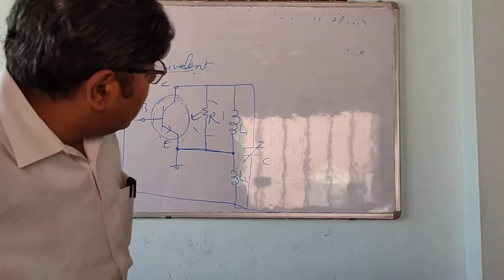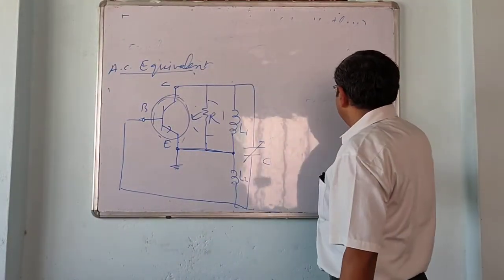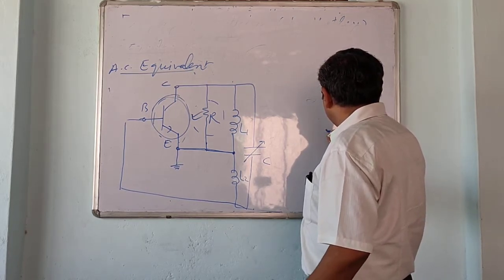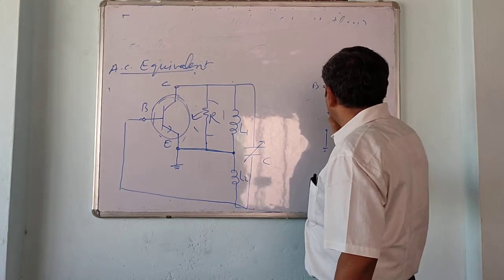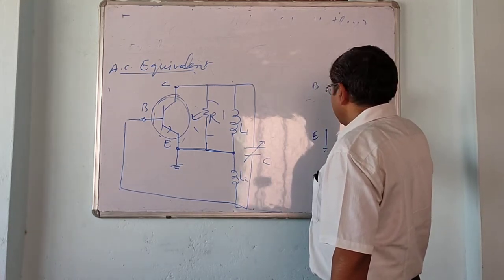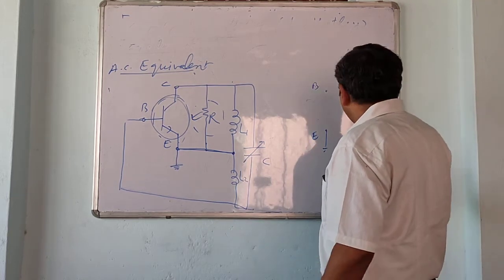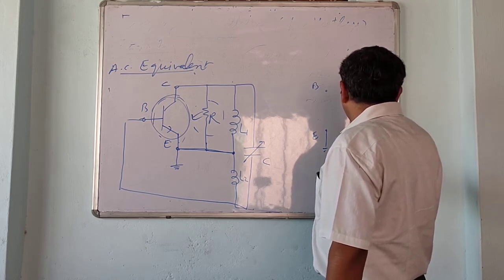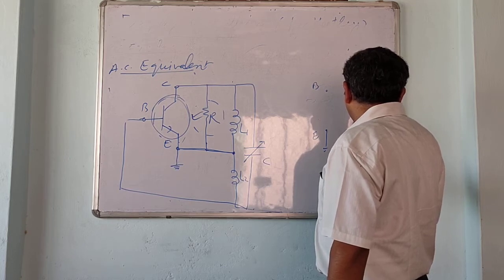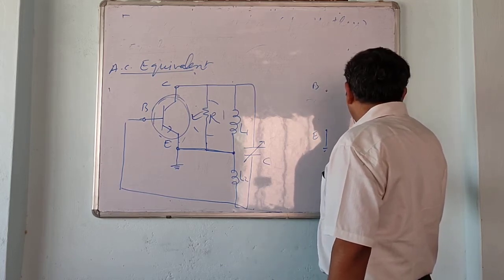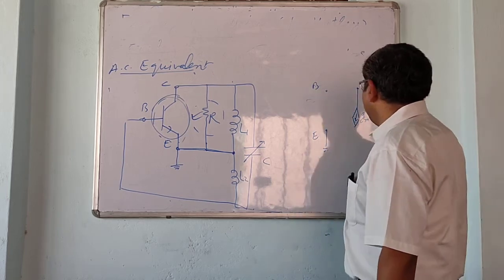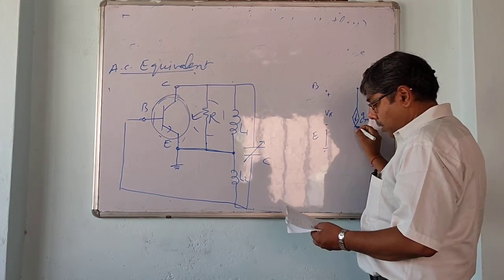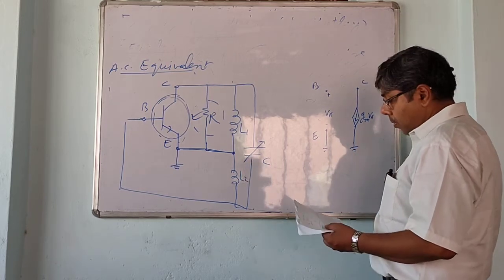Here this is grounded, this is base, emitter, collector, and at the collector is a voltage dependent current source, gm Vπ.